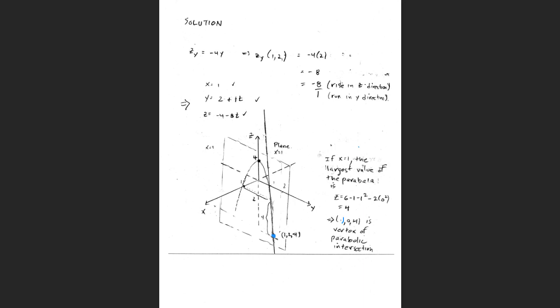And there's a tangent line that is drawn. Okay, there's that tangent line to the parabola at the point (1, 2, -4).